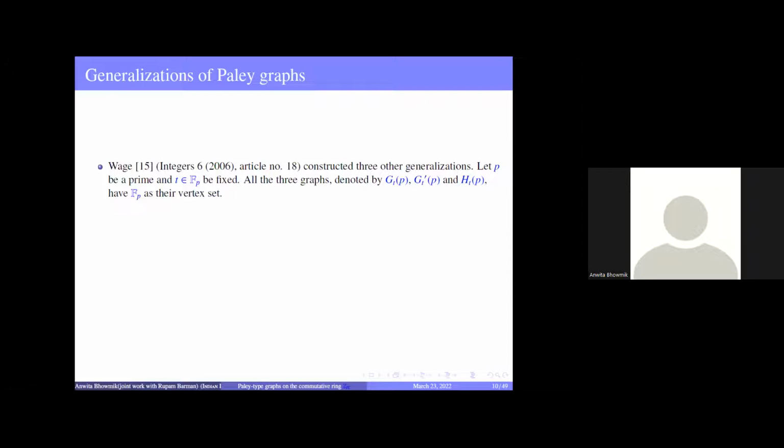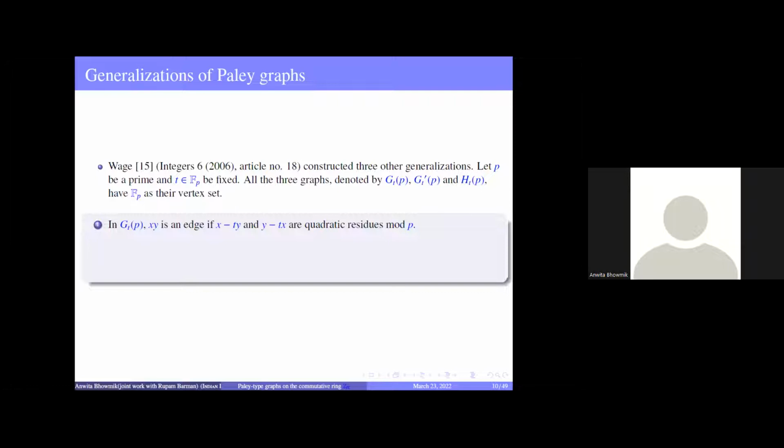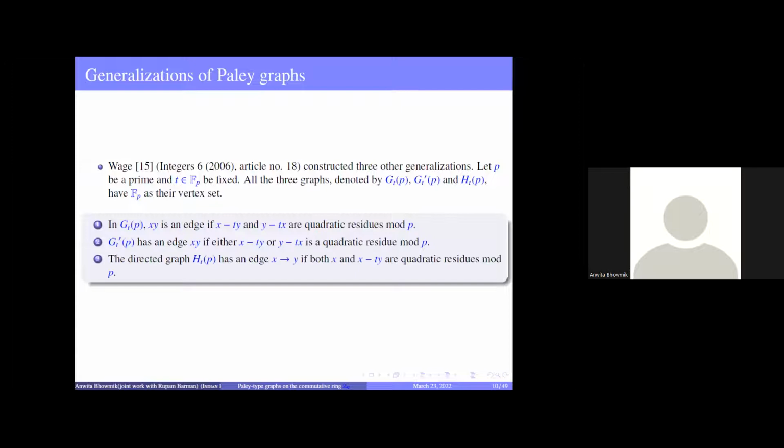The vertex set in all three cases is F_p. In G_t(p), xy is an edge if both x minus ty and y minus tx are quadratic residues. In G_t'(p), either of the two has to be a quadratic residue. And for the directed graph H_t(p), x to y is an edge if both x and x minus ty are quadratic residues.